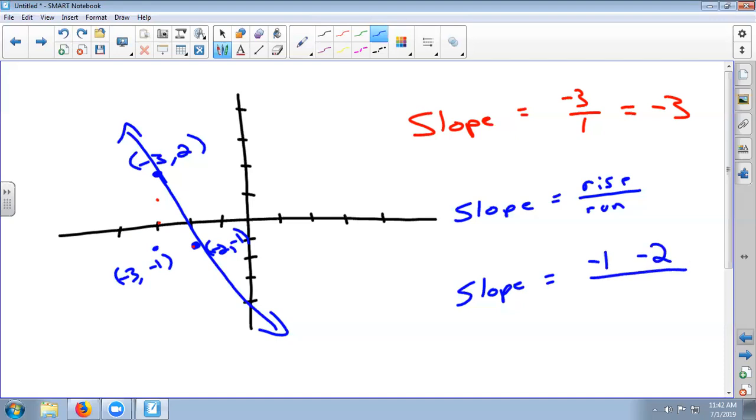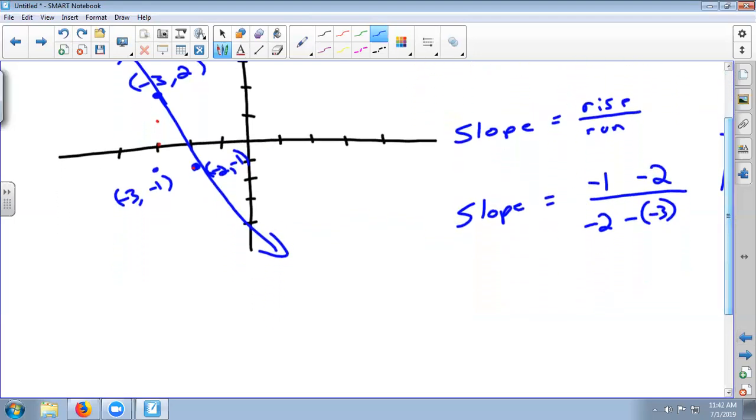And this one right here is going to be -2 minus a -3. So this is -2 minus -1 minus -2 is -3. -2 minus a -3, +1.